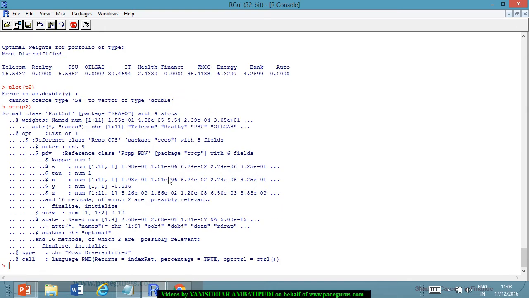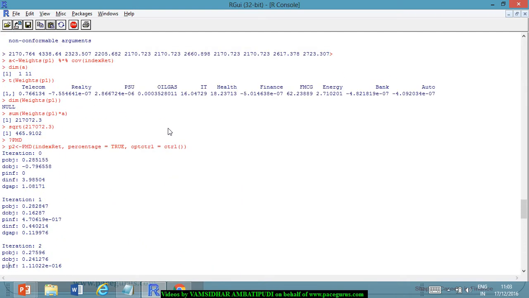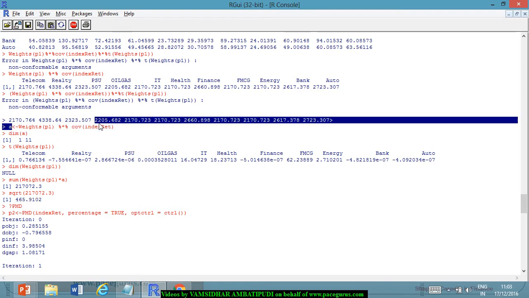But if you look at the variance now, it could be slightly higher than the 400 and standard deviation of 465 that we got earlier. This time it could be slightly higher. If you really want to check that out, we can first take this.